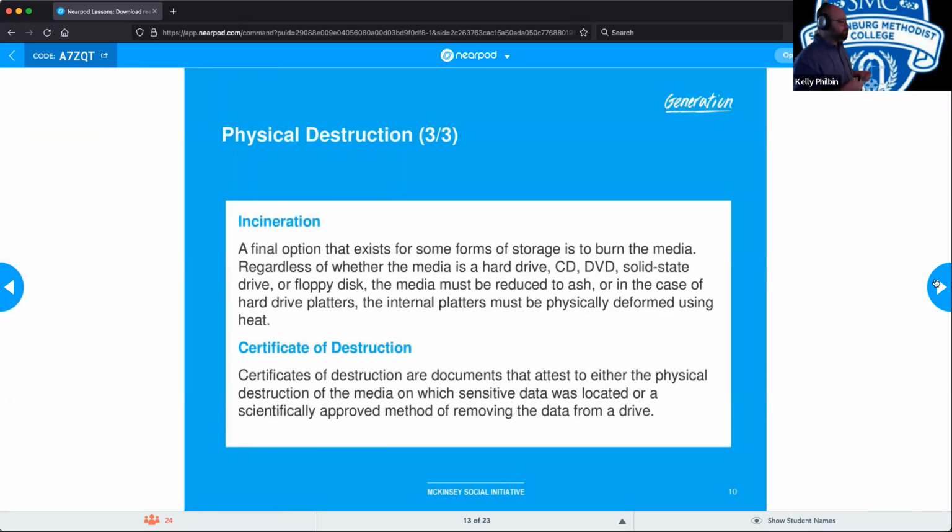Now, hard drives, CDs, DVDs, solid state, floppies, all that stuff must be reduced to ash for it to be considered unusable with regards to incineration. Or the hard drive platter must be extremely physically deformed and unable to be used.